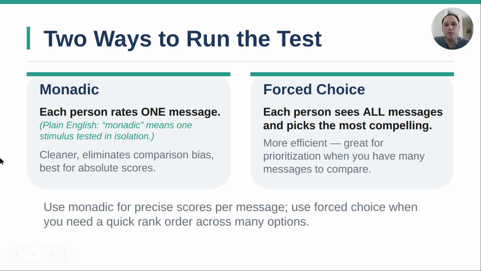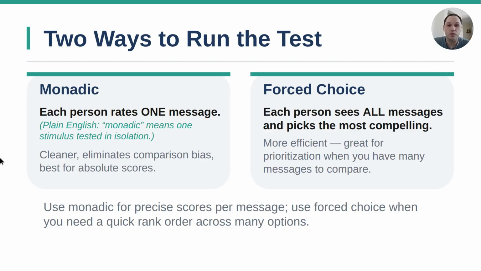There are two main ways to structure the test. In a monadic design, each person rates just one message. They don't know any of the other messages exist. This is the cleanest approach because people can't compare, so you get a pure, unbiased read on each message's absolute performance.